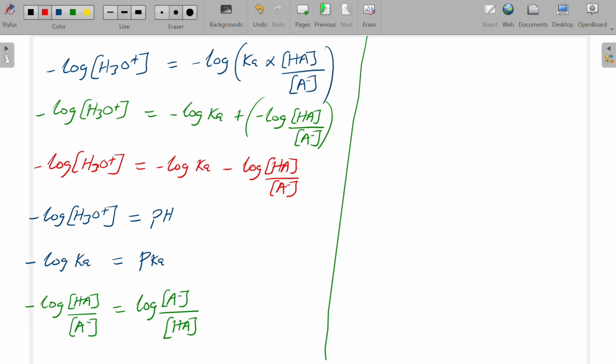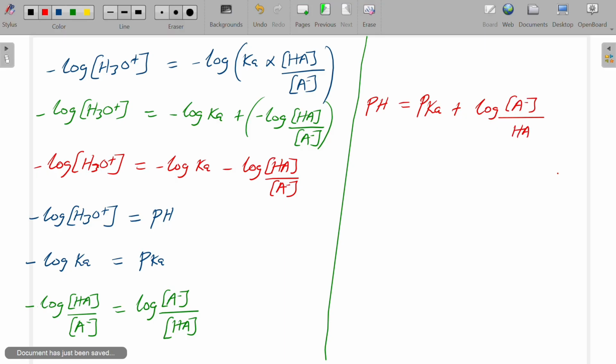Meaning negative log of hydronium ion concentration on the left side will be replaced by pH. This is equal to negative log of Ka replaced by pKa, and negative log of the concentration of the acid divided by the concentration of the base is replaced by the positive log of, on top there, A minus concentration, divided by, down here, HA concentration.